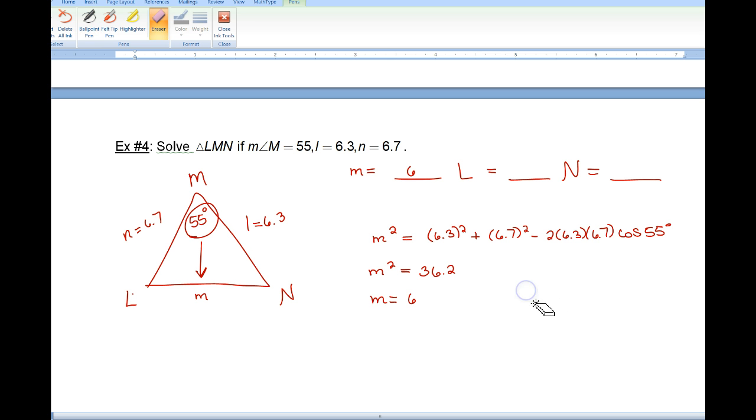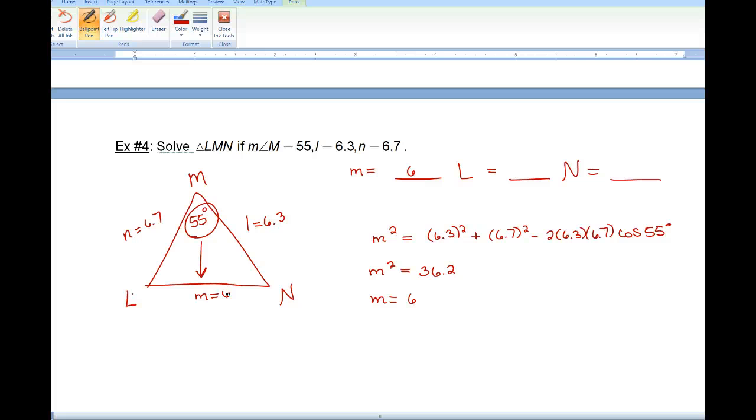Did you get 6 for M? Yeah, I got it. How did you guys get this? So remember, when you have side angle side, this is the easier one. Side angle side is just plugging all the computation into your calculator and then taking the square root of the answer. It comes out to like 6.01 or something like that, but again, just round to the tenth place.